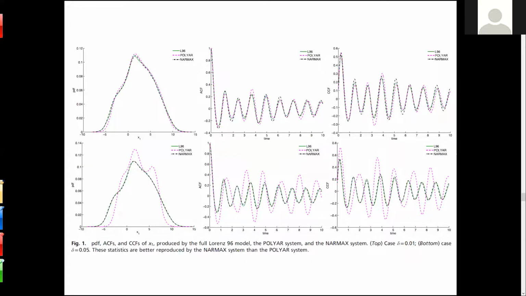The NARMAX paper compares its result with the polyr. Polyr is the polynomial plus the AR1 noise. And for the PDFs and the correlation and cross correlation functions for the resolved models, NARMAX performs better. Of course, it's their paper, so this should be better.